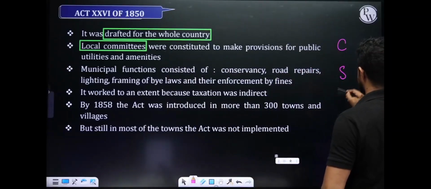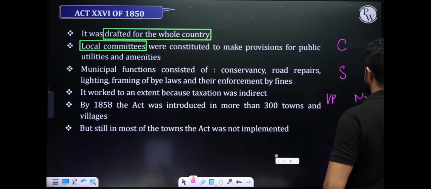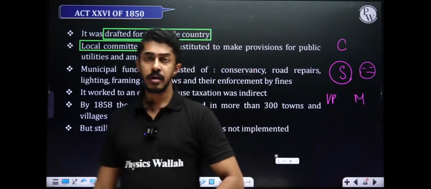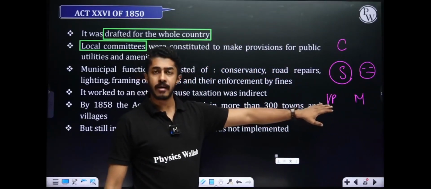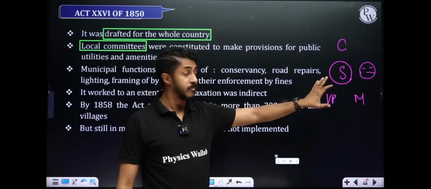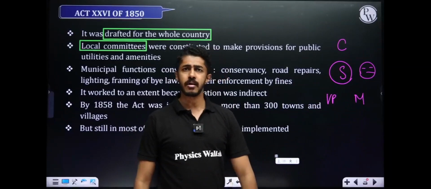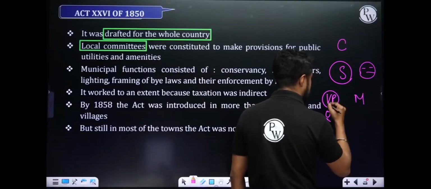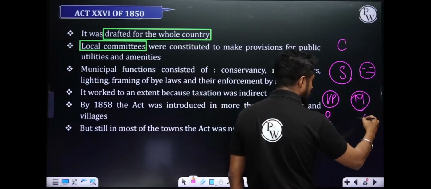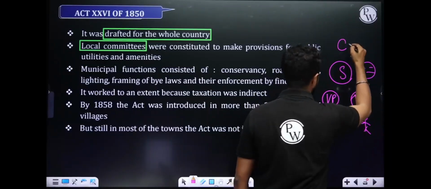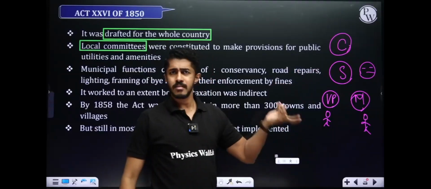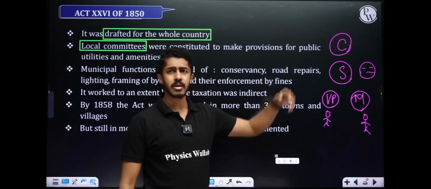Center is there, state is there, village panchayats are there, municipalities are there. States don't want to give away their powers to village panchayats and municipalities. Why? If village panchayats are building all the roads, sanitation, drainage, and municipalities are also doing it, the local population will only be interested in panchayat elections, and in the municipal elections, and then definitely the center also, because that is for the country. Who wants the state? What is the need for the state?